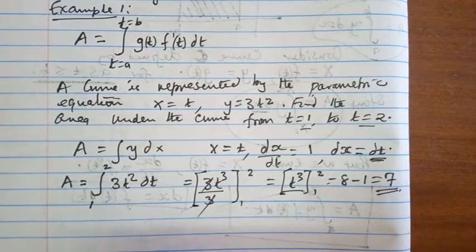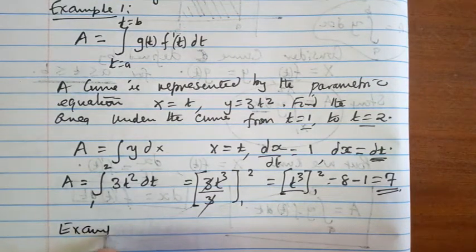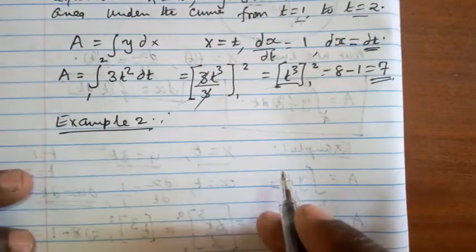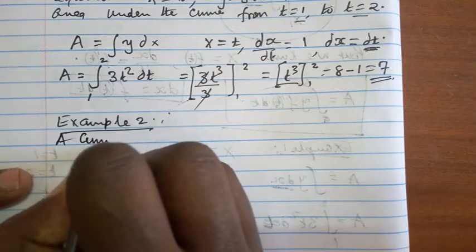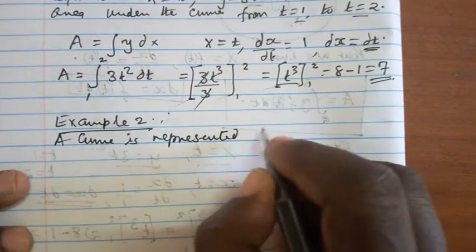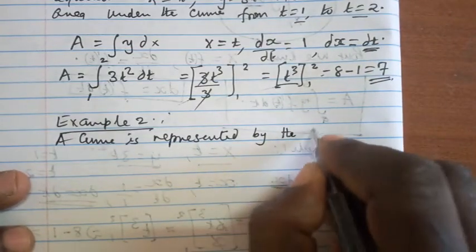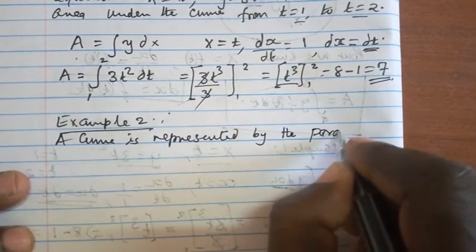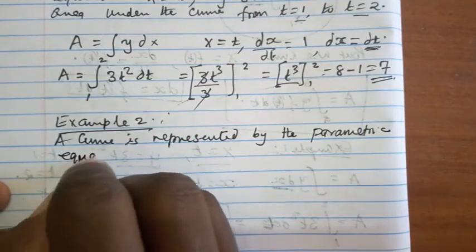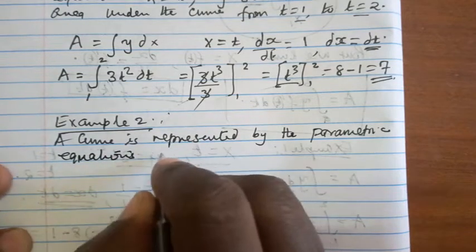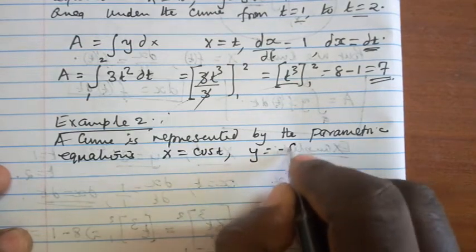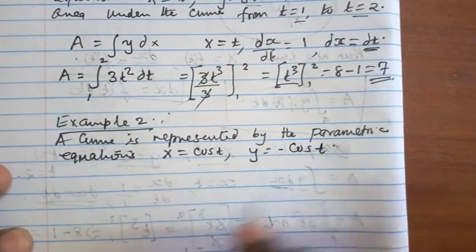And I think in the same video we can explain example 2, which says that a curve is represented by the parametric equations x equals the cosine of t and y equals minus the cosine of t.